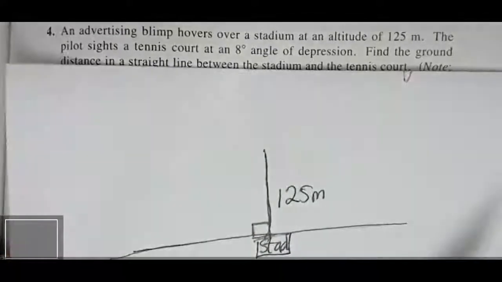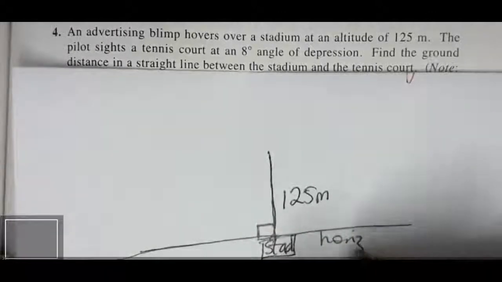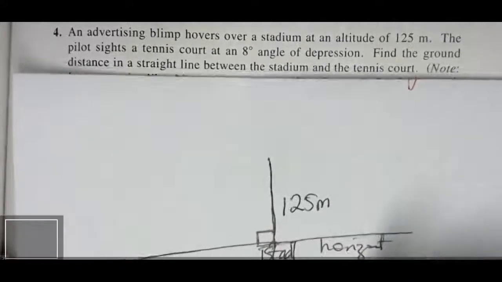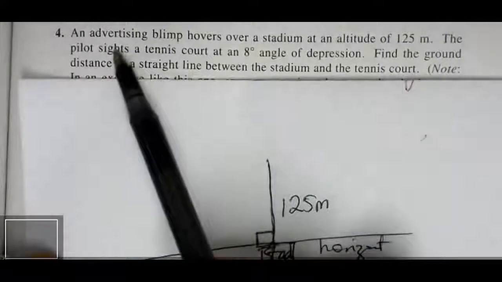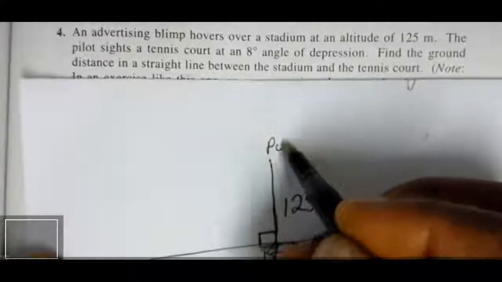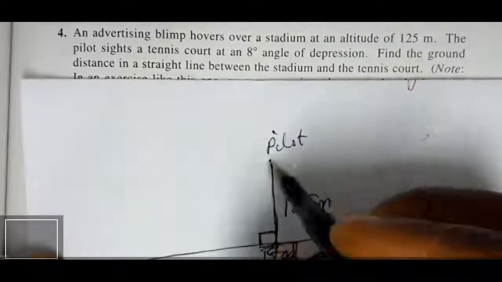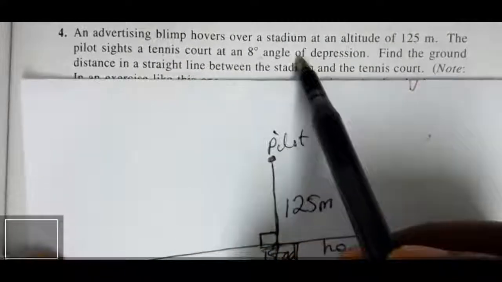This is the horizontal ground, and it says the pilot sights a tennis court. So the pilot is up here. It sights a tennis court at an angle of depression.